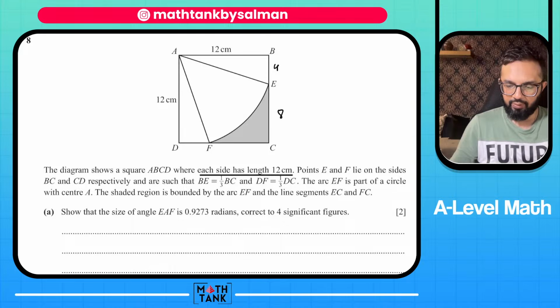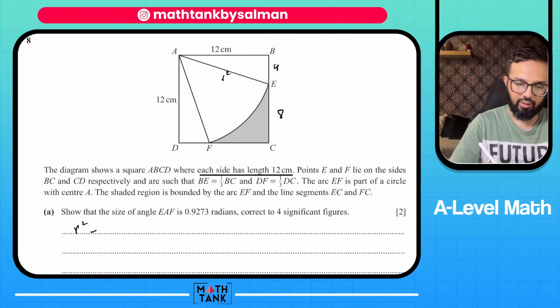The arc EF is part of the circle with center A, and the shaded region is bounded by the arc EF and the line segments. Okay, radius first. It seems like the Pythagoras theorem. So r squared equals 4 squared plus 12 squared. If there is an integral sign, then you integrate first and then apply the limits. Once you've integrated, only then can you apply the limits. So r is basically root of 160.